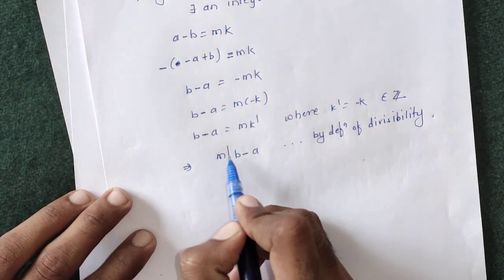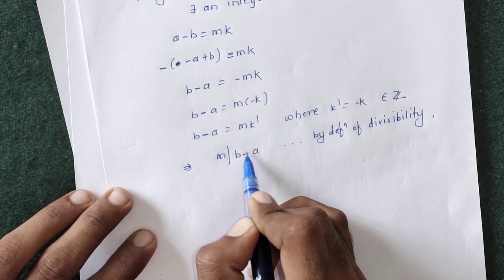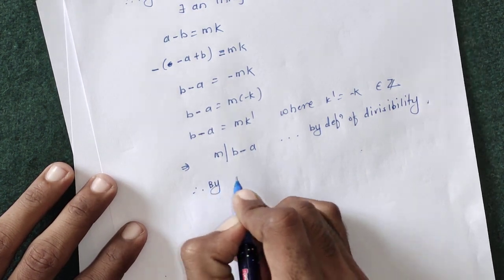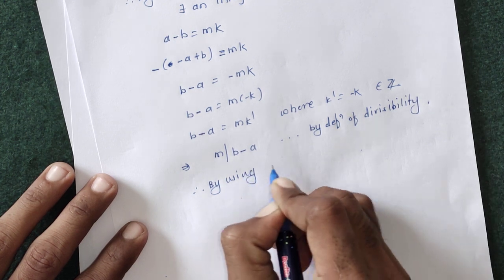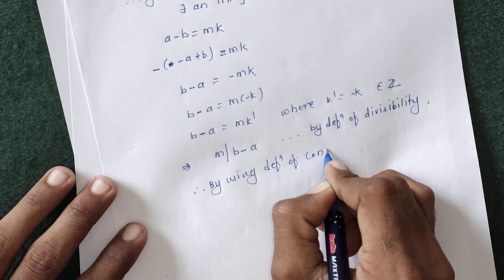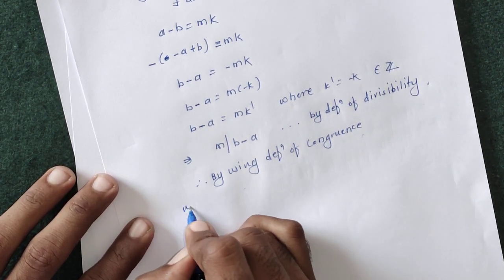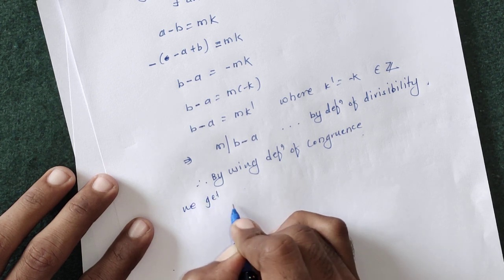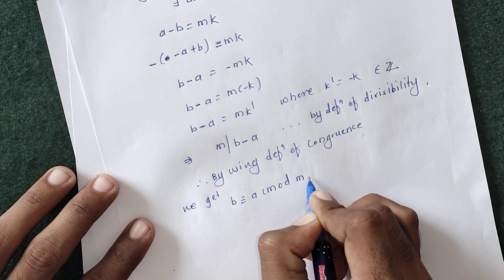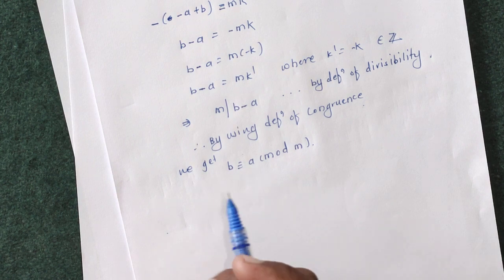By definition of congruence, m divides B minus A implies that B is congruent to A under modulo m. Hence, from the first we get the proof of the second statement.